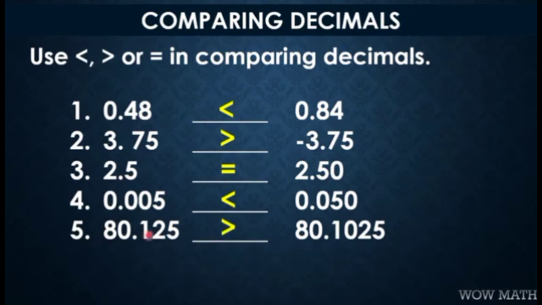Ito po. So, this is greater than this. Why? I know some of you will wonder, Ma'am, this is 1025. This is bigger than this. No. Always compare the place value. So, since pareho ang kanilang whole number, punta tayo sa tenths values nila. So, ones, tenths. So, this is 1, same sila. Dun sa hundredths, 2, this is 0. Alright? So, this is bigger than this.